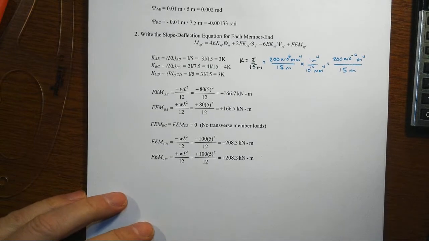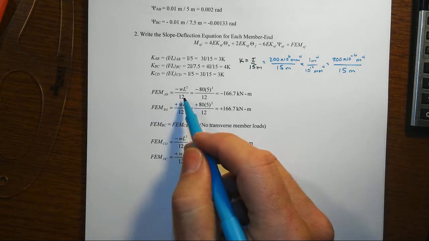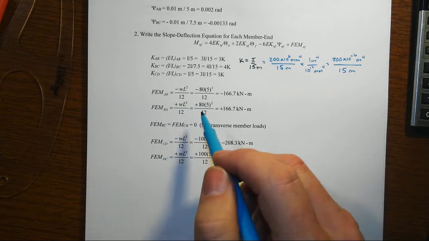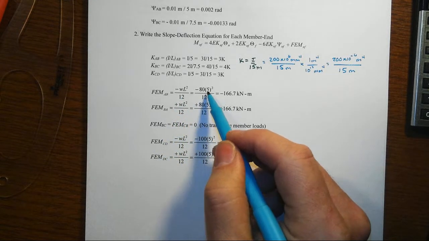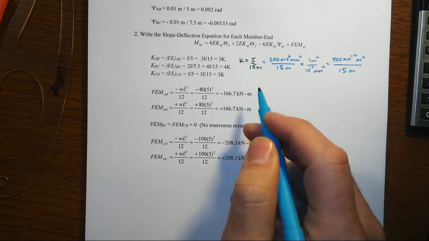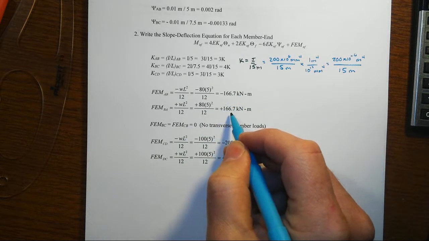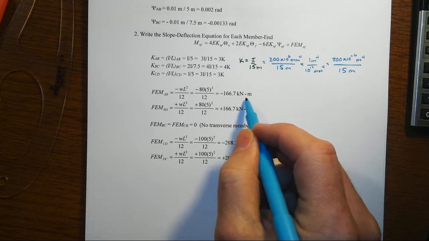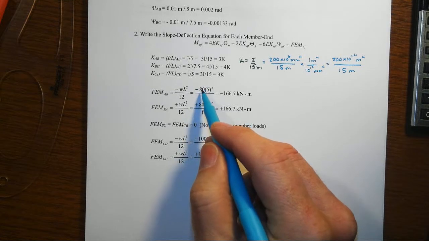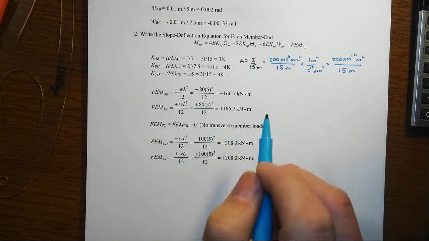That's plus and minus WL squared over 12, negative on the left side, positive on the right when you're using the clockwise sign convention, and you get the minus 166.7. That's of course really repeating 666. Same thing on the other one. Notice units kilonewton meters. We have the 80 kilonewtons per meter times meter squared to get there.